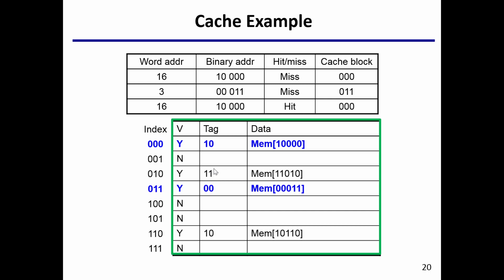Now you might say, of course, that's obvious, isn't it? Well, not necessarily, because if I missed on something in between that was a different address, but it mapped to the same index 0, it would have thrown out address 16, right? So the reason I got a hit was not just because I accessed the same address twice.